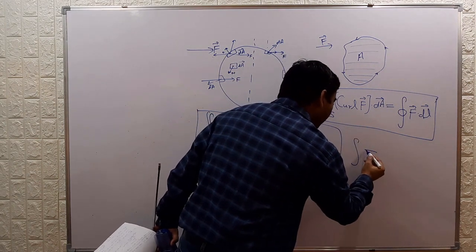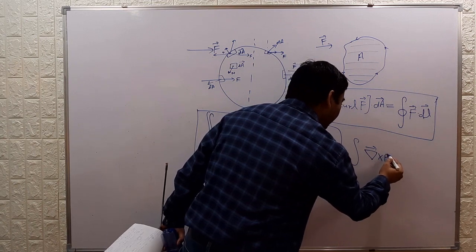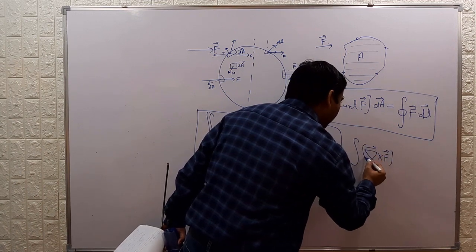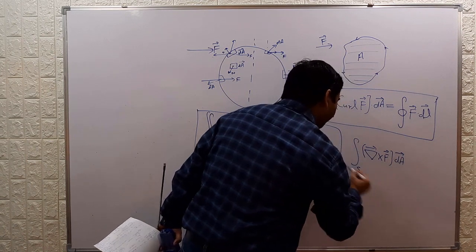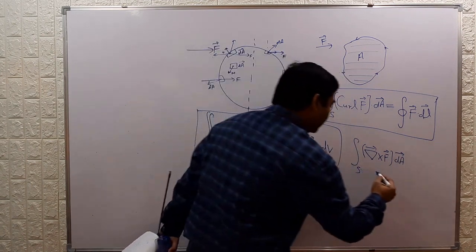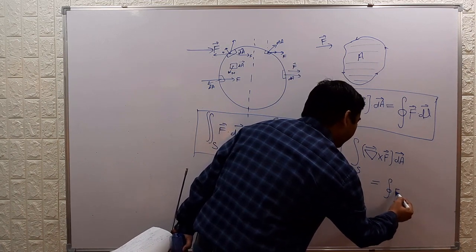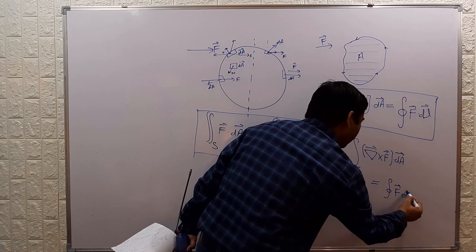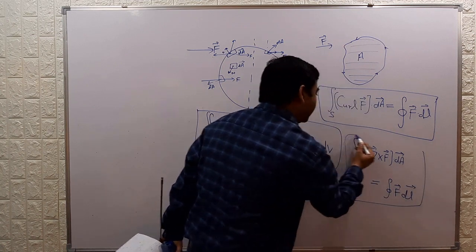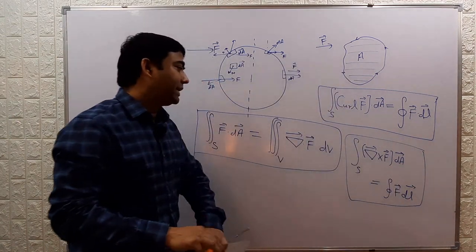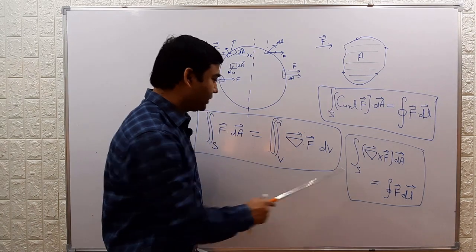You know what curl is: curl is nothing but del cross F. So del cross F dot dA is equal to circulation of F along the curve. Stokes' theorem can also be written like this. So these are the two important theorems.